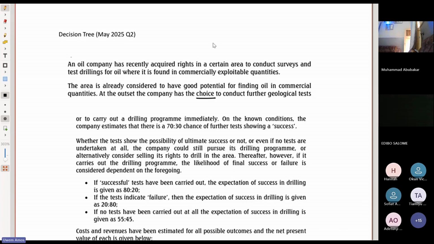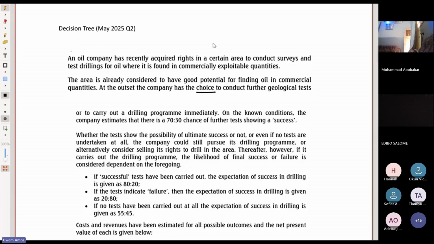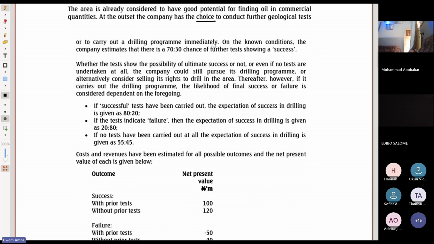If the test indicates failure, then the expectation of success in drilling is given as 20-80. If no tests have been carried out at all, the expectation of success in drilling is given as 55-45.